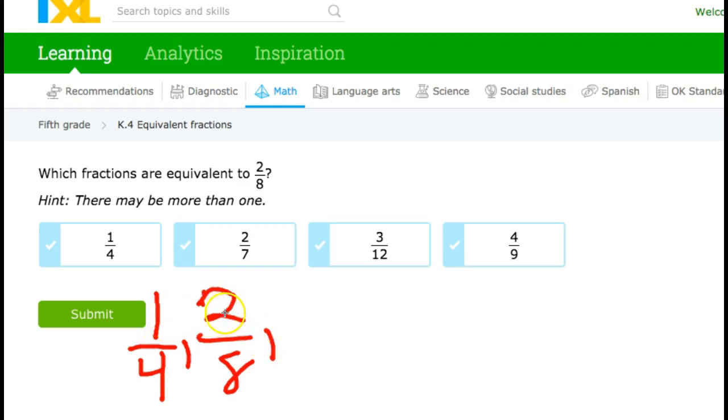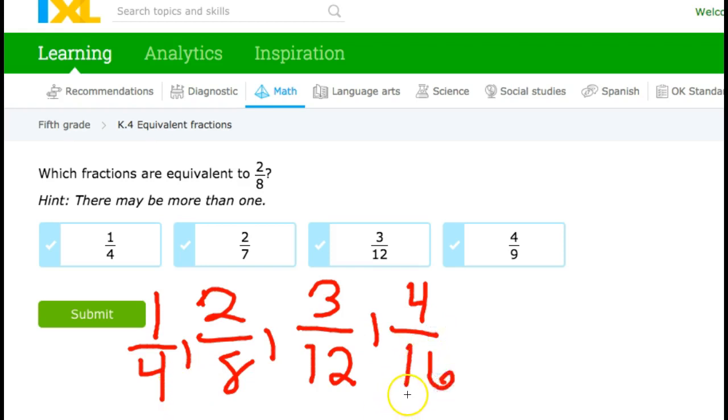Now, let's go 1 times 3. Blowing your mind yet? 1 times 3. 4 times 3 is 12. 1 times 4, and then 4 times 4 is 16. We could keep going. 1 times 5, 4 times 5 is 20.